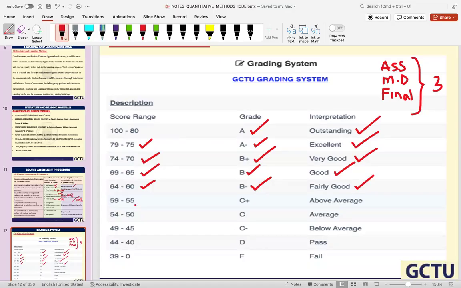Between 59 to 55, you have a grade of C plus. The interpretation is an above average performance. If you have between 54 to 50, the grade is C, and the performance is average.